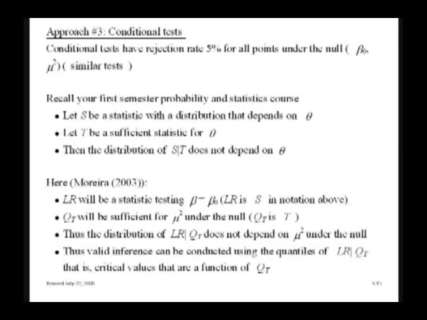And so what that says in our problem at hand is that we can think of S as being a test statistic that's testing beta equals beta naught, and then T is some statistic that's sufficient for, well, what's theta? Theta in our case is mu squared. So every statistic we've looked at, except for these two, LM and AR, depends on mu squared in its distribution.